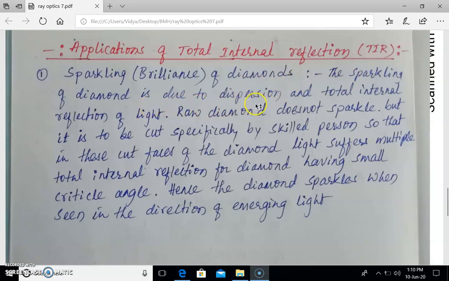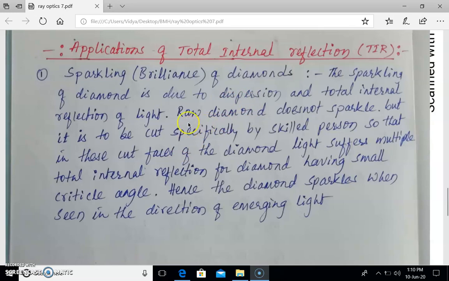The raw diamond, or the diamond we extract from the earth's crust, does not sparkle. It has to be cut by a skilled person in a specific manner such that prism-like projections are formed over the surface of the diamond.